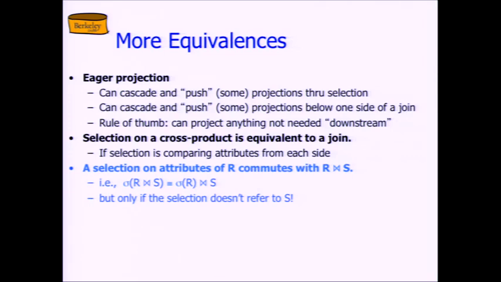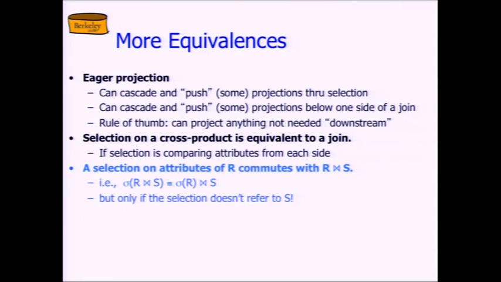You can't say this is equivalent: project I of T, select A equals 4, because there's no A column left anymore. So you're going to have to say I comma A, and then you get rid of the A. So you have to cascade this projection without skipping steps.